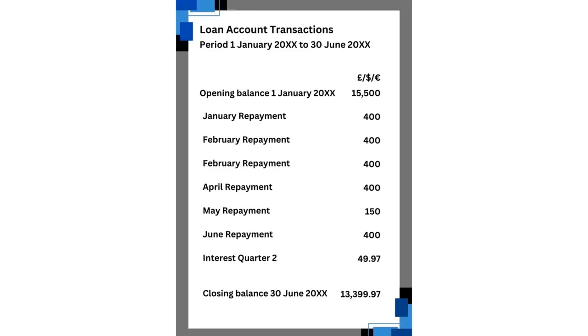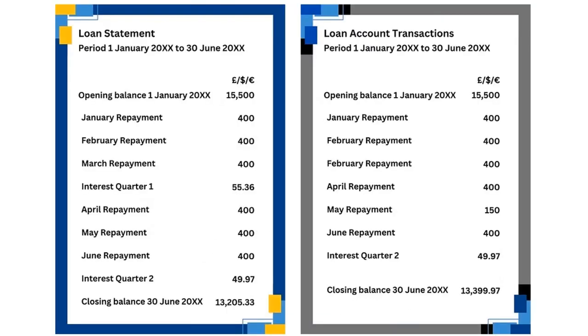If I bring both up on the screen, then it's easier to compare the accounting records against the loan statement. That is the main process of the reconciliation: to compare. So have a look at the loan statement, have a look at the account transactions, pause the video if you have to, and see if there are any discrepancies.